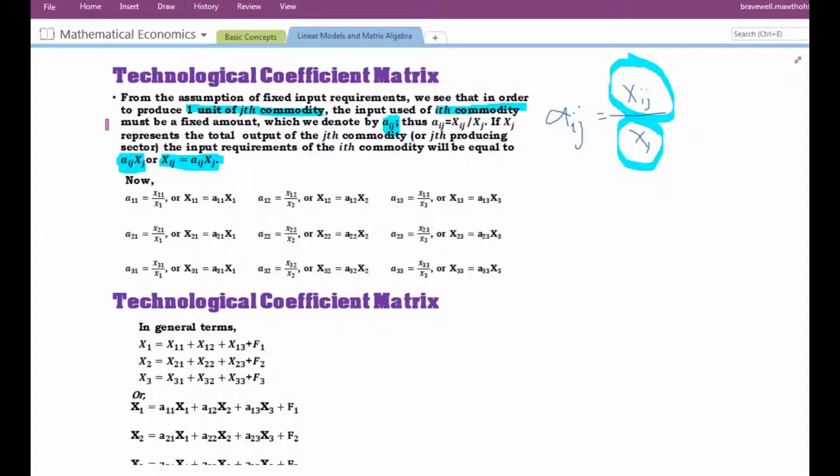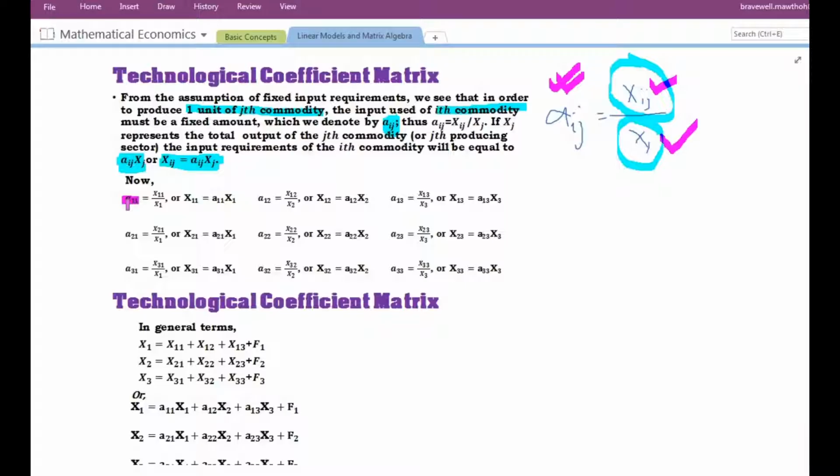Now how is Aij obtained? Aij is obtained by dividing the units of goods of the ith industry used as inputs in the jth industry by the output level of the jth industry. Now A11 is the fixed amount of input of the first industry which is to be used in the production of the first commodity.